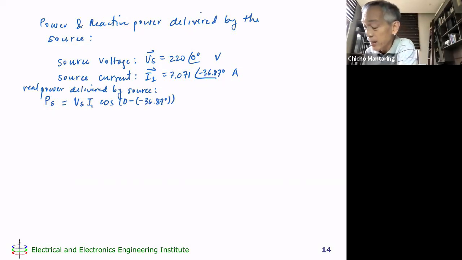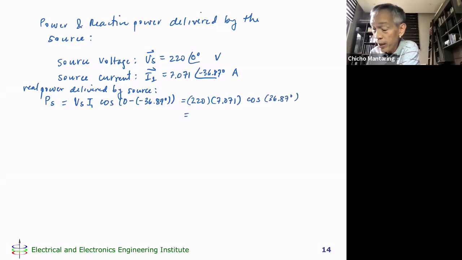Okay. And if I compute for that, this is according to the definition. No? This is VI cosine theta, where theta is the difference in angle between your voltage, that is 0, and your current, negative 36.87 degrees. So this is just going to be 220 multiplied by 7.071 cosine of 36.87 degrees.